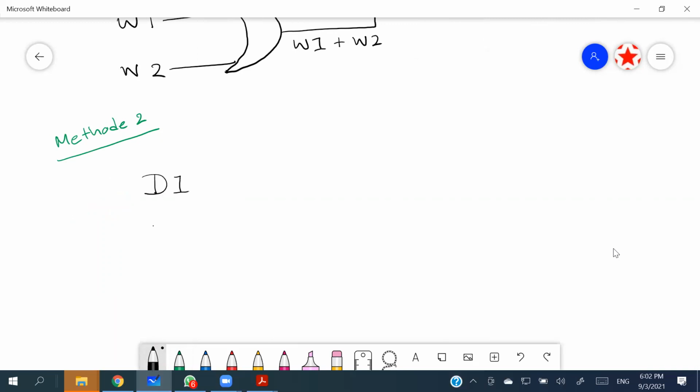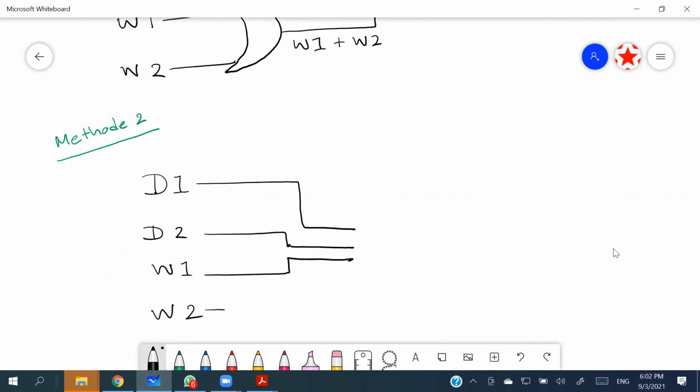So D1, D2, W1, W2. We can just use a single OR gate to send all these things through it.